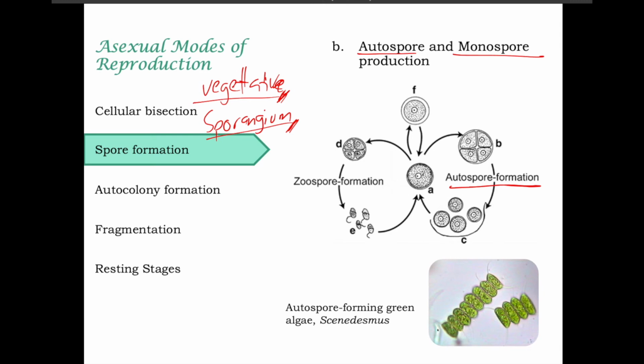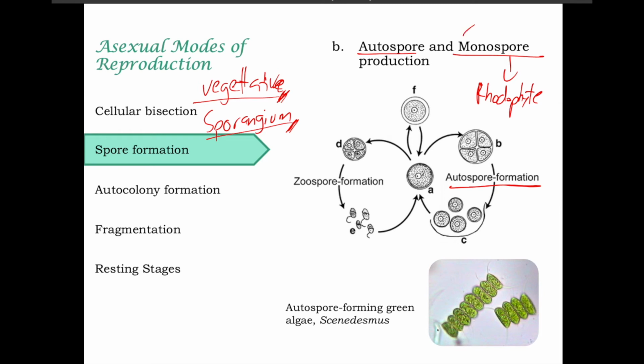Monospores, on the other hand, are just like a single, simple, non-motile asexual spore, just like autospores. But monospores are for most representatives of the rhodophytes. The simple non-motile asexual spore of the rhodophyte groups, we call monospores.